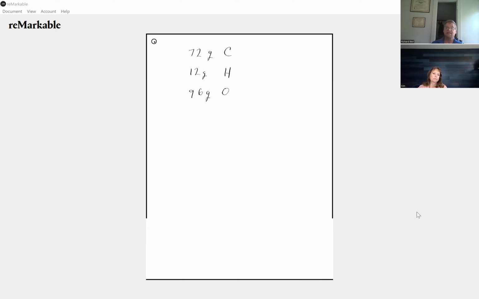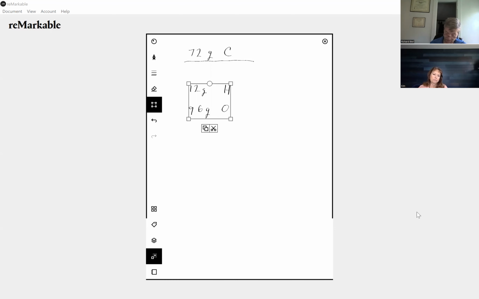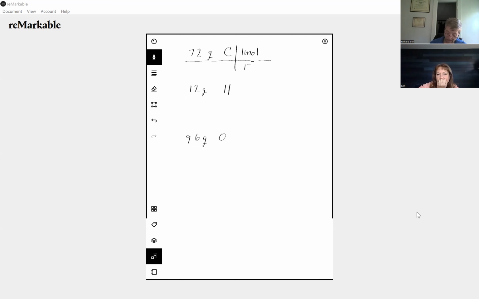That doesn't tell us anything about what we actually have. So if we give ourselves a little more room here, move this down. But we know the carbon, 1 mole of carbon is 12 grams.